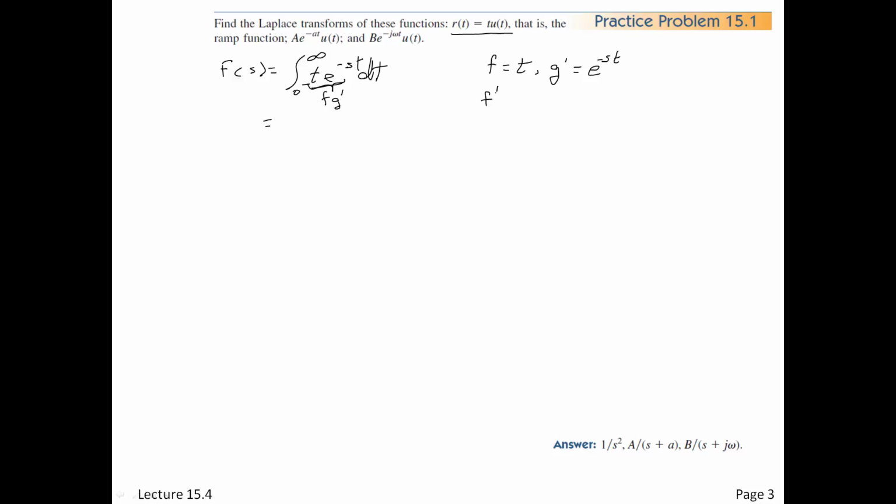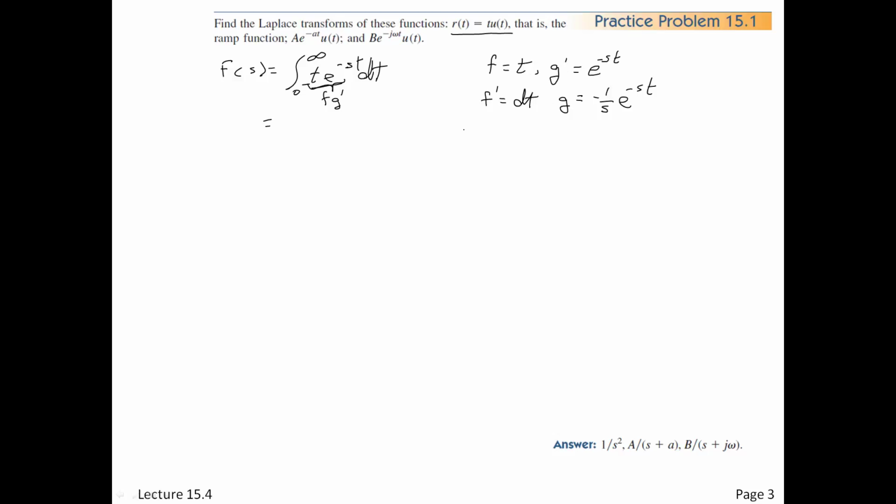This tells me then f prime is equal to dt, and g is equal to what? If I integrate this, it's going to be minus 1 over s e to the minus st. Okay, so now we've got our four things there, f and f prime, g and g prime.